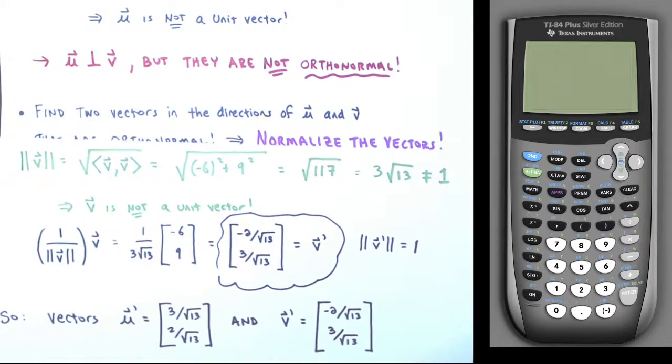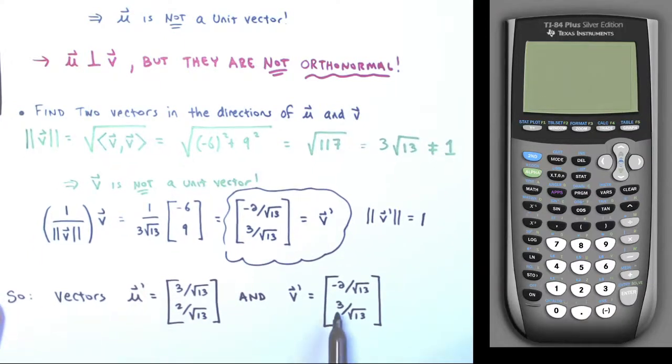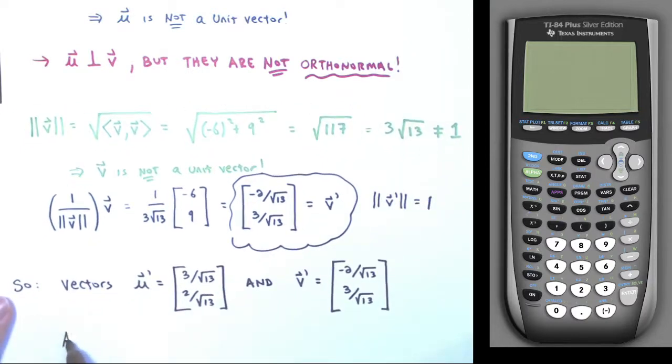These vectors are orthonormal. Their inner product, which in this case is again the dot product, is 0, and they're both unit vectors, so they are orthonormal.